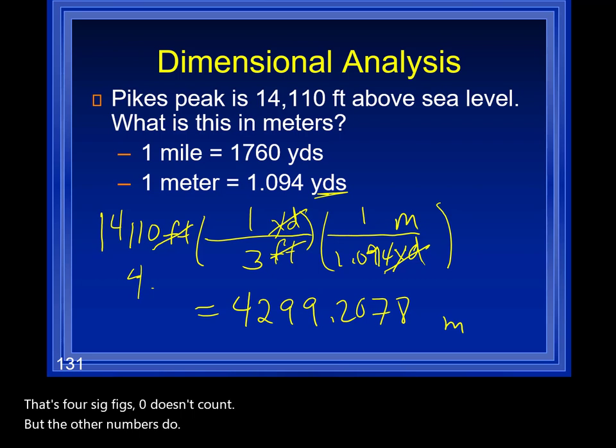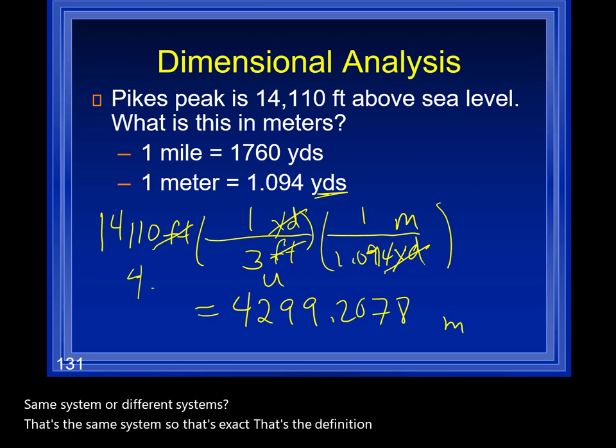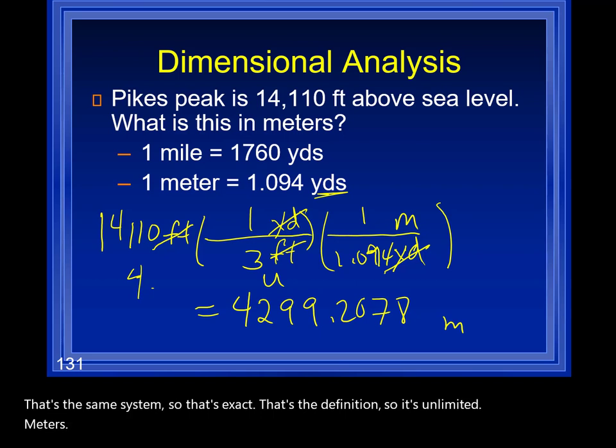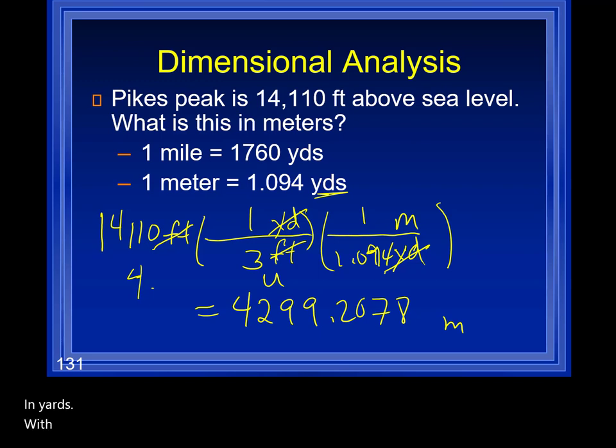The 1 yard and 3 feet, same system or different systems? Well, that's the same system, so that's exact. That's a definition, so it's unlimited. Meters and yards, well, they're different systems.